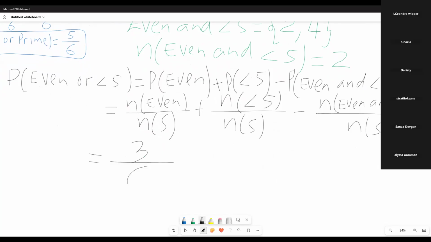N of S is 6. Less than 5 is 4 over 6, minus N of even and less than 5 is 2 over 6.